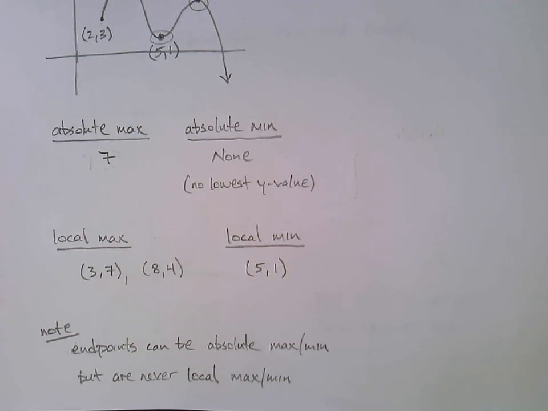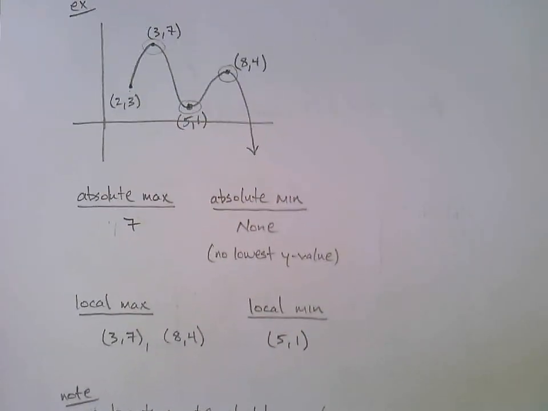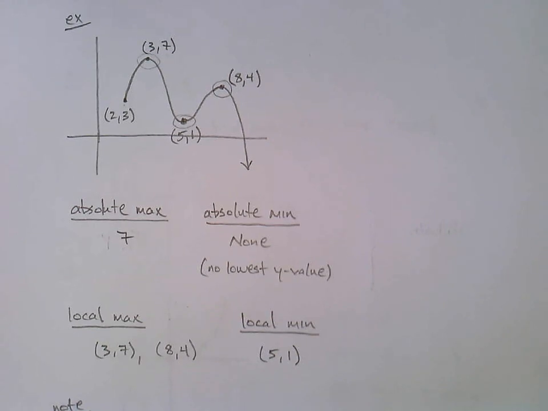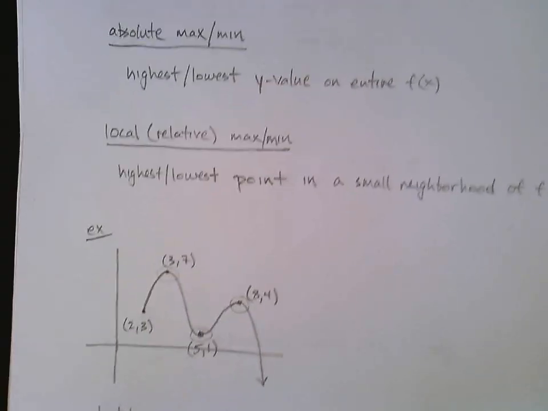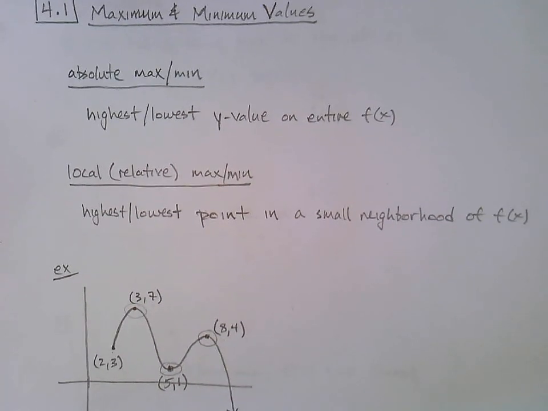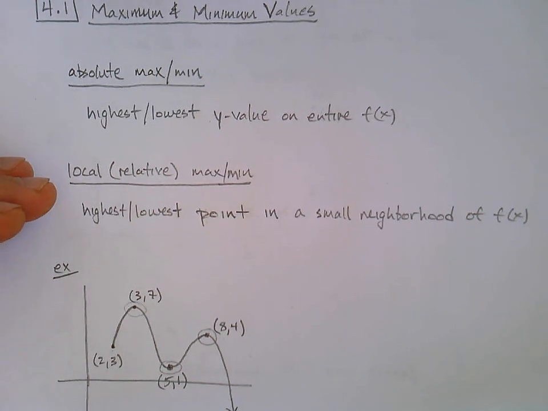Okay. I think we probably got a good handle on this as we go forward. I want to just real quick, I hinted at this a moment ago, where this is going. So there's these two types, and we look at them separately. Some questions are going to be all about the absolutes. Other questions are going to be all about the local. We don't mix the two.